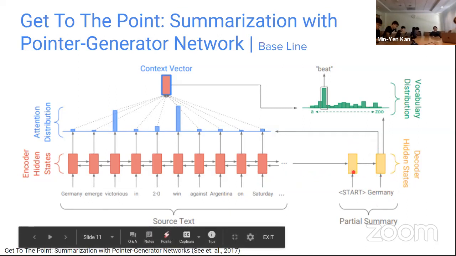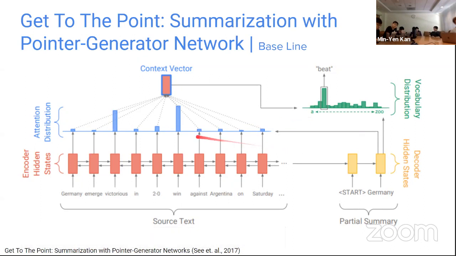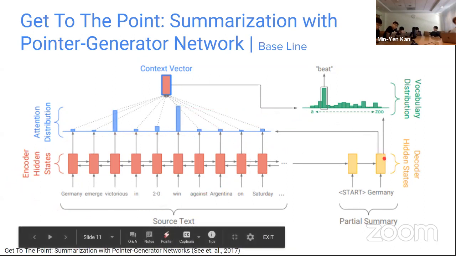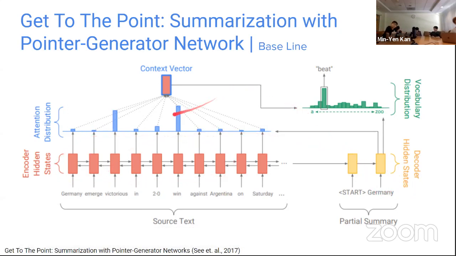After you decode each token, let's say in the case of this example, you encode your whole source text and you decode one summary word. You also find the attention over the source text according to this decoded word, like you find the attention of all the source text according to Germany here.